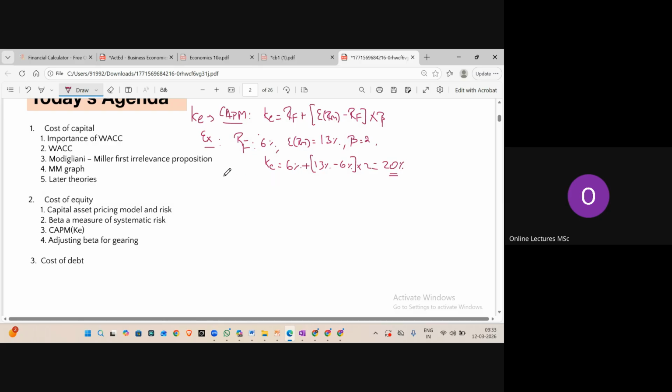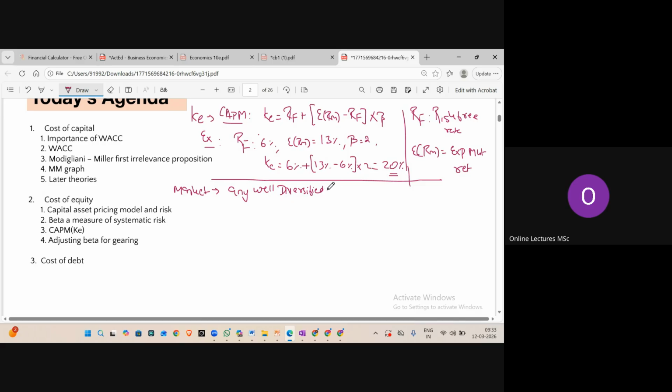Here RF represents the risk-free rate. The expected market return represents the return of the market, where market represents any well diversified portfolio, like Nifty in India or the S&P in the US.